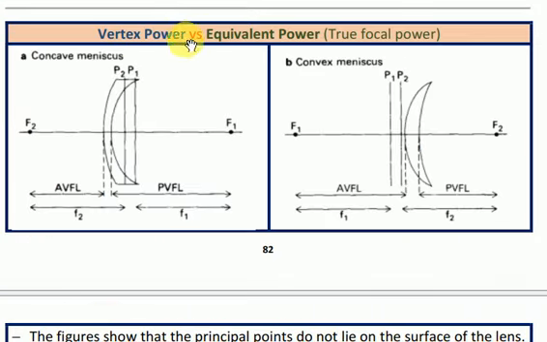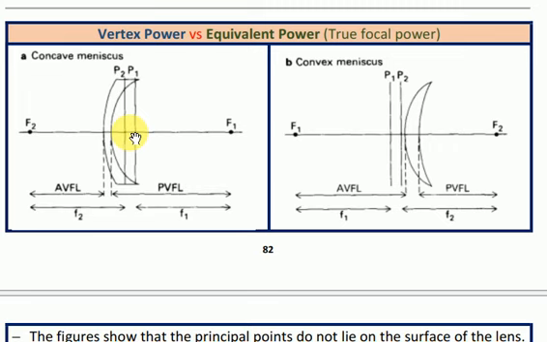Next is vertex power and equivalent power of thick lenses. This figure shows that the principal points do not lie on the surface of the lens. They may lie within the lens, or in meniscus form lenses they are outside the lens substance.